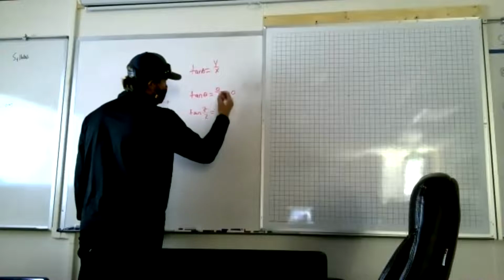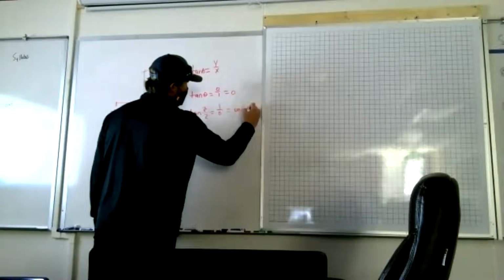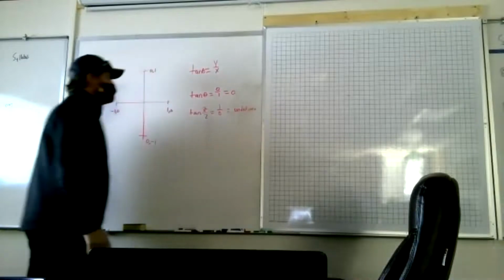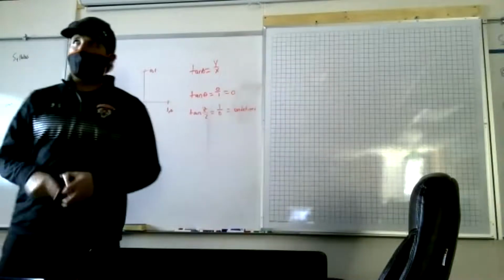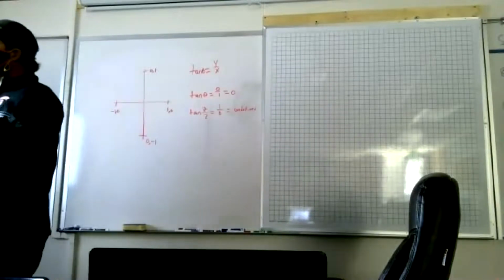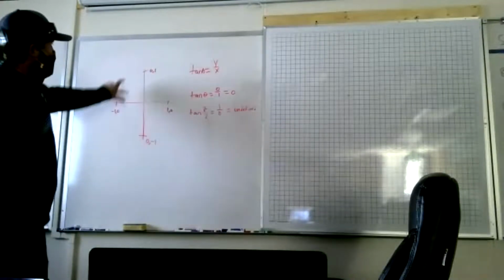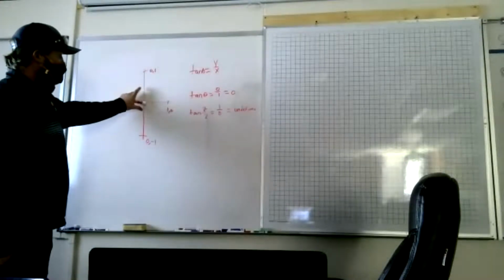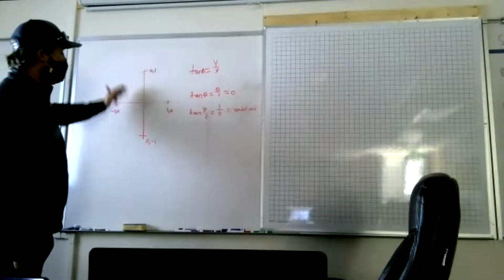You can see that it's 1 over 0, which is undefined. Okay, what this does is it means that you're going to have vertical asymptotes when you're graphing this function and the cotangent function. Your vertical asymptotes happen every time you touch the y-axis, in terms of rotating the terminal side.